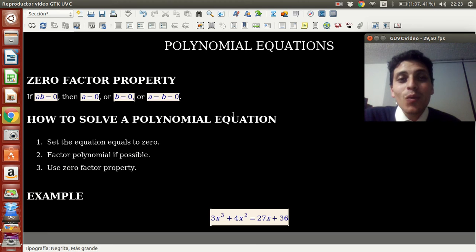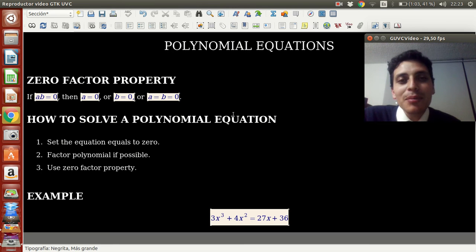But when you notice that you use factoring, for example in polynomial equations, you understand why you need it. Factoring helps many people solve many situations. We're just going to see one of them, polynomial equations.